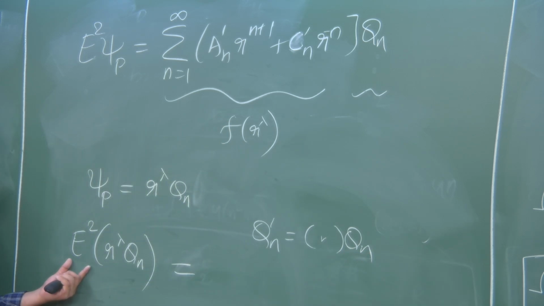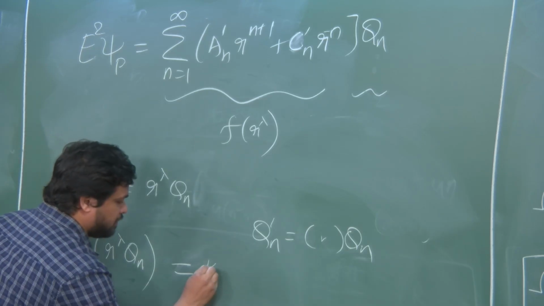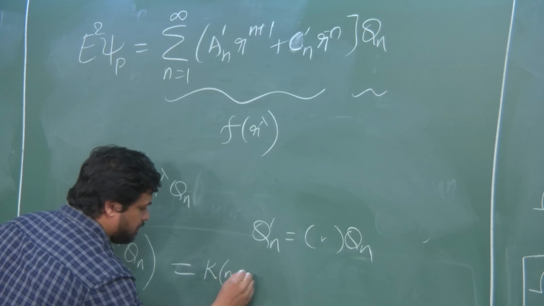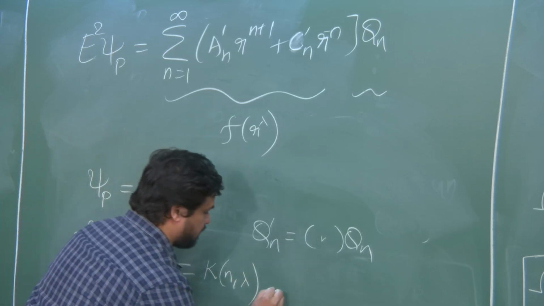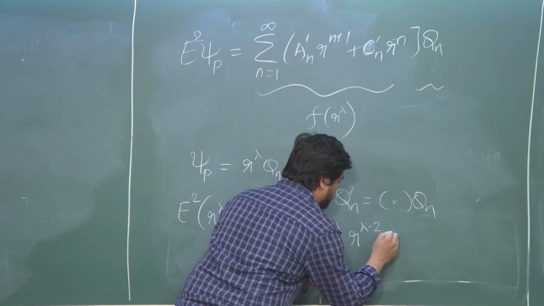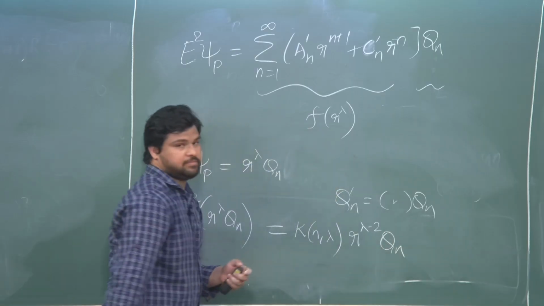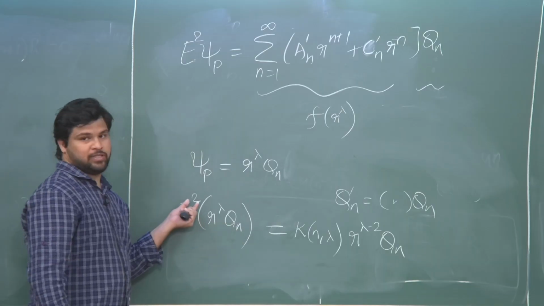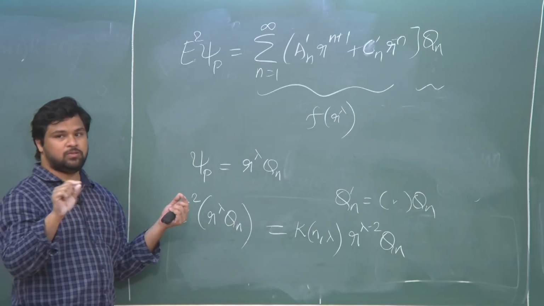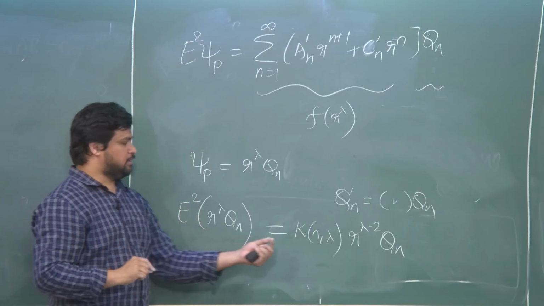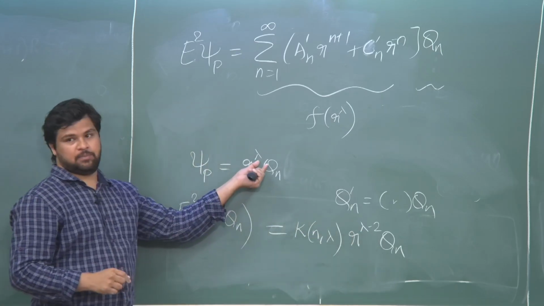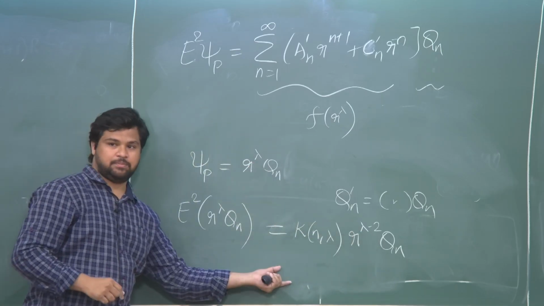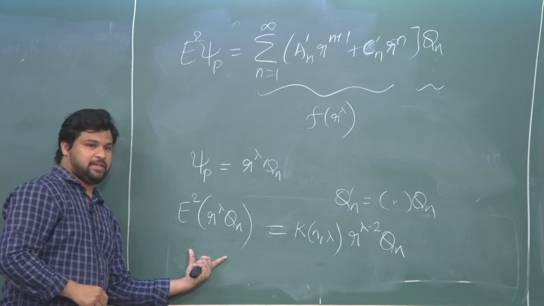If you do all the math, you will finally end up with some k of n comma lambda times r power lambda minus 2 Qn. Why is this r power lambda minus 2? Because it is e square, dou by dou r square, so 2 will be subtracted from the solution r power lambda. You understand this step?